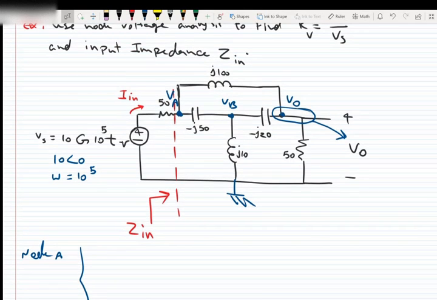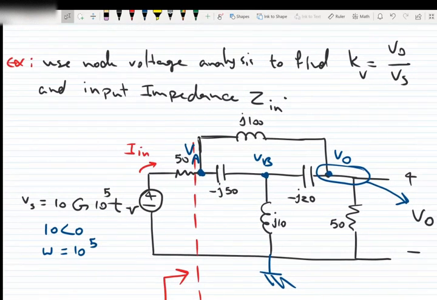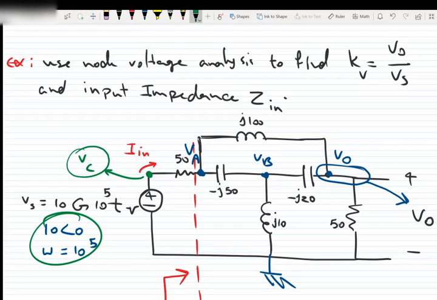Oh, one more thing before solving this example. I had another option as well. I could say here we have another node. Let's call it VD, and we know that VD is equal to this voltage source, and say VA minus VD over the resistance.